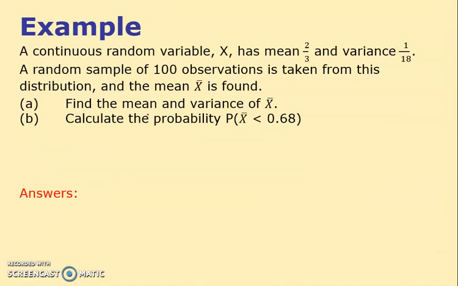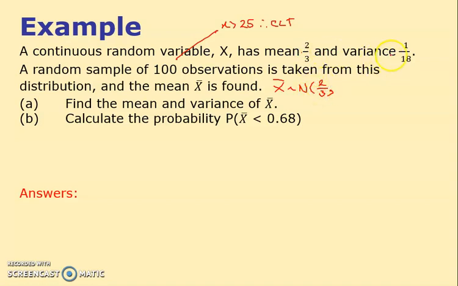Next question. A continuous random variable has mean 2/3 and a variance of 1/18. A random sample of 100 observations are taken, x bar. So x bar we know, because n is more than 100, n is greater than 25. Therefore we can use the CLT, the central limit theorem. We know it will be normal. The mean will be the same as before. That won't change.